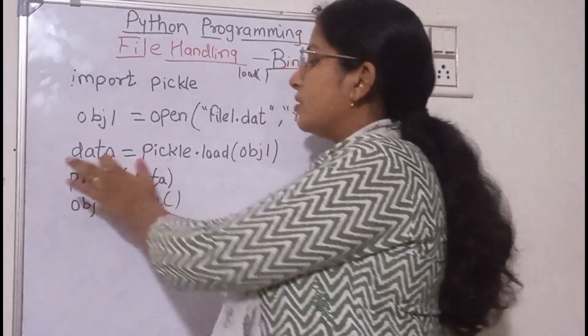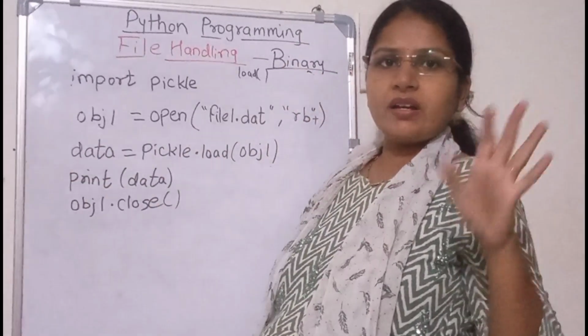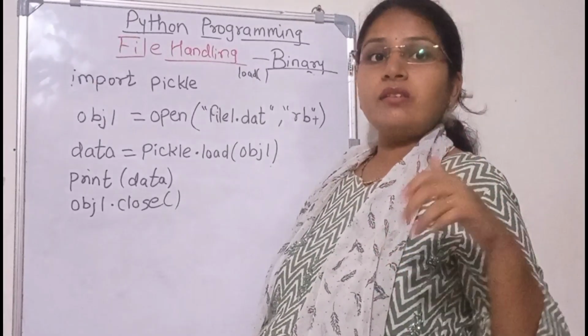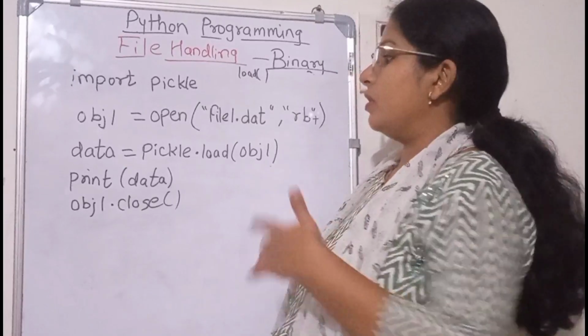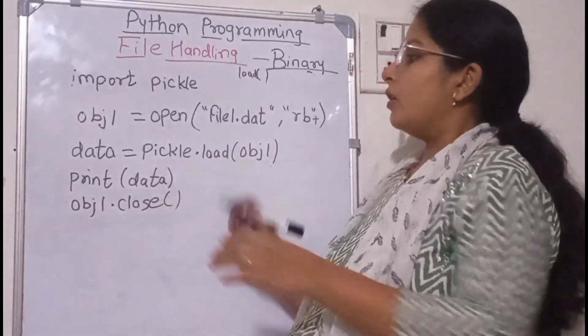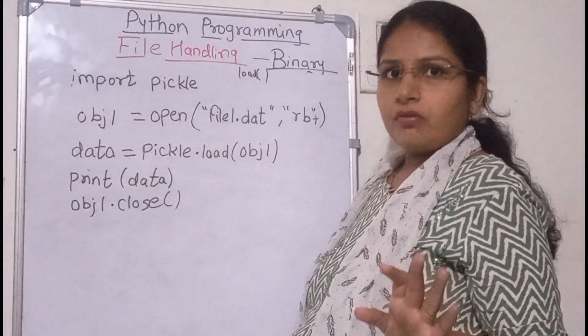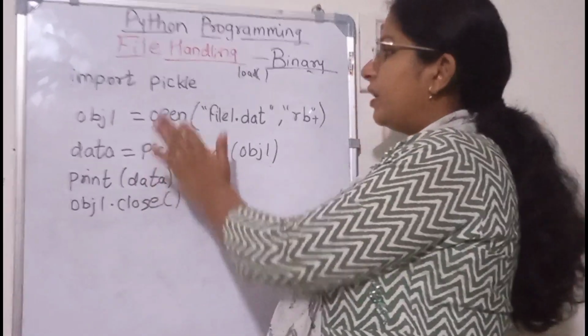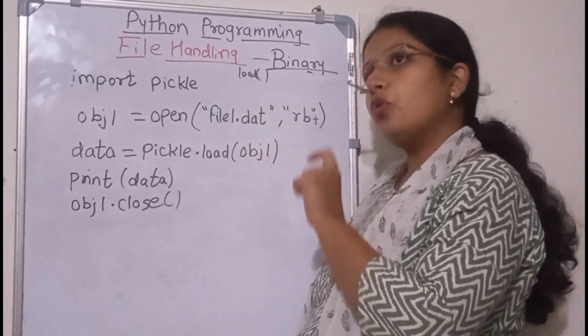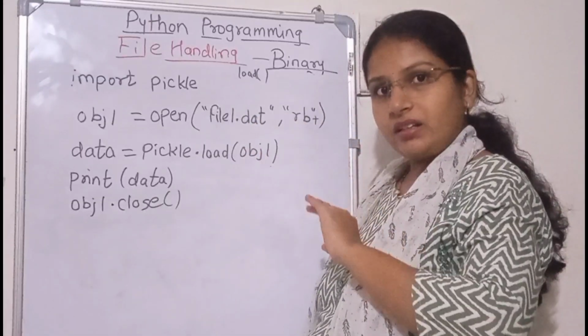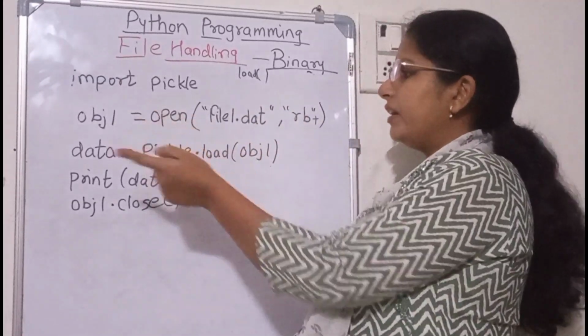So here see the sequence, just don't memorize it. You should understand what is going on. Now the sequence is here. You are creating the empty variable, the data object. Pickle is the module for conversion, right? Load is the method of loading the file content to your data structure.